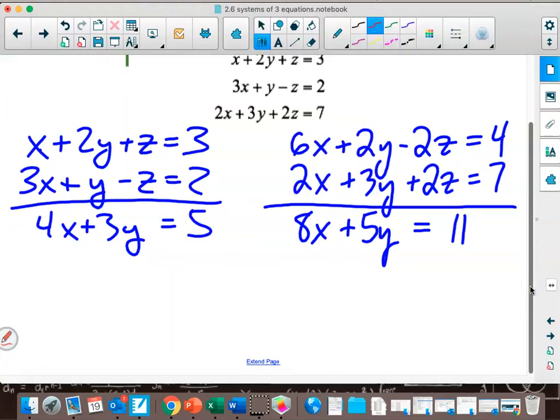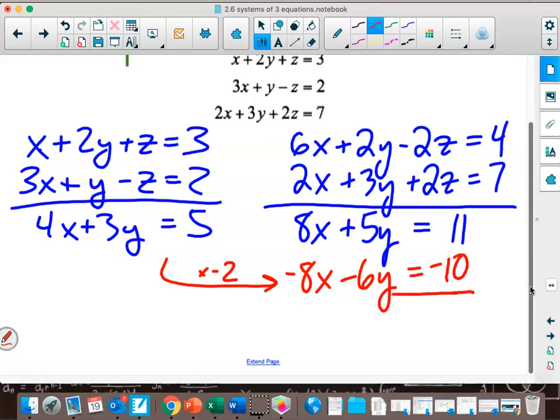So now we have two equations. Paxton, did you do elimination or substitution? I did elimination. That's what I would do too. Did you multiply this equation by something? Times negative 2. So negative 8x minus 6y equals negative 10.